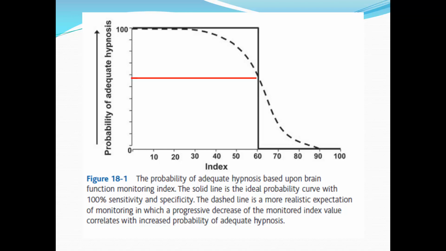For example, a BIS of 60, which is technically the ideal goal for preventing awareness, shows the probability of awareness is about 40%. A BIS of 50 means 15% probability of awareness, and to get to the 99th percentile, we need a BIS in the low 20s. So just keep that in mind. And we use SedLine here, so a SedLine of 50 is roughly equivalent to a BIS of 60.